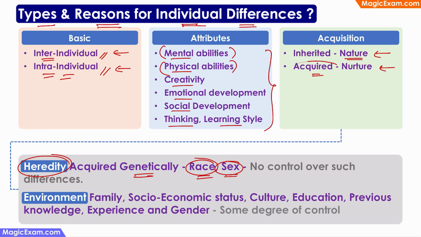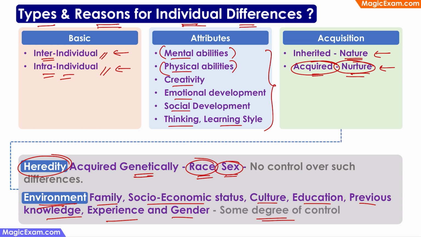And acquired or nurture are the differences because of environment, such as family, socio-economic status, culture, education, previous knowledge, experience or gender. Now, when it comes to differences because of nurture, there is some degree of control that can be exercised here.